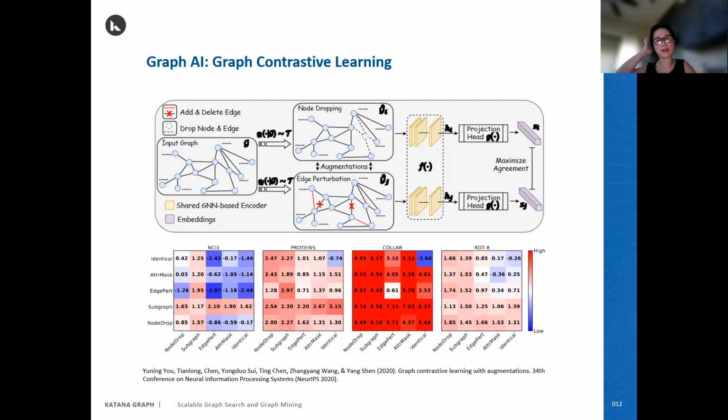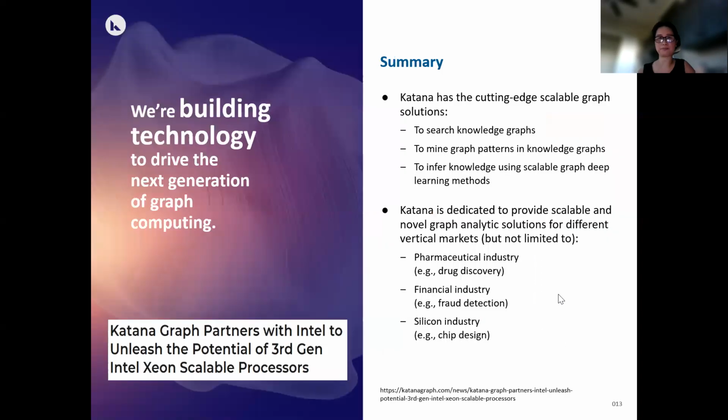So here we provide 2 solutions for data augmentation for contrastive learning on graphs: node dropping and edge perturbation. This paper was published by our group at NeurIPS 2020. It can generate better embeddings for nodes, and later improve the performance on link prediction and node classification.